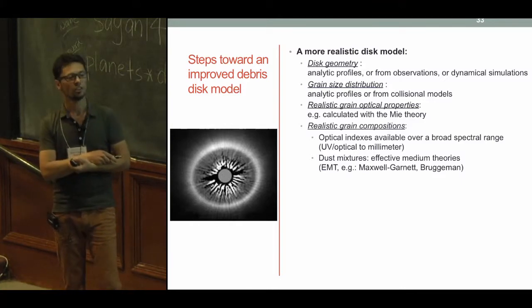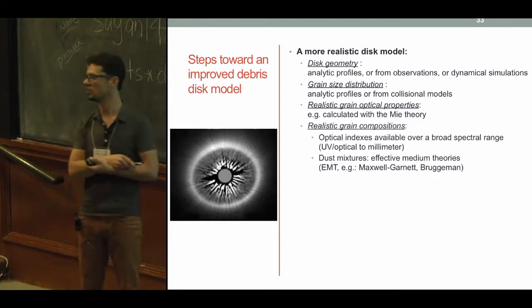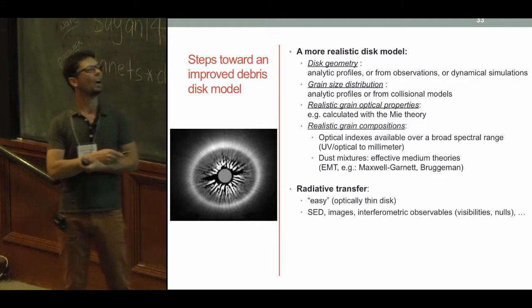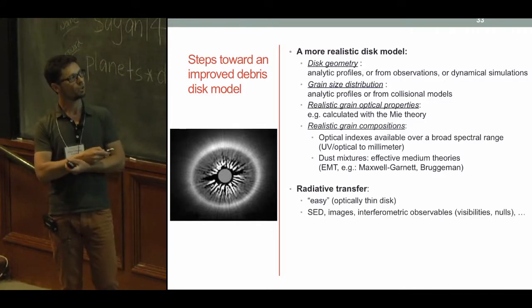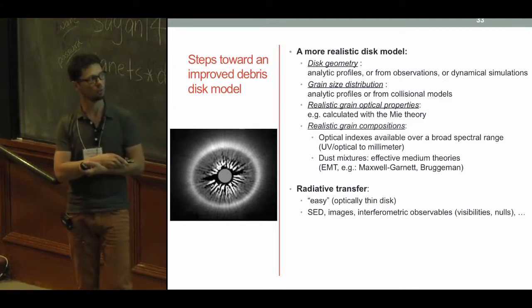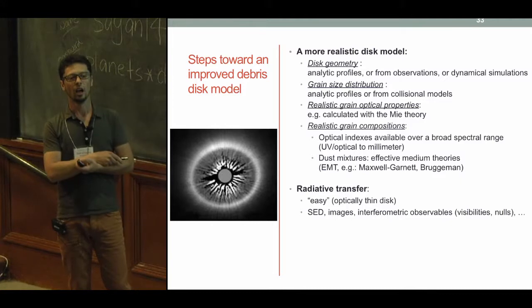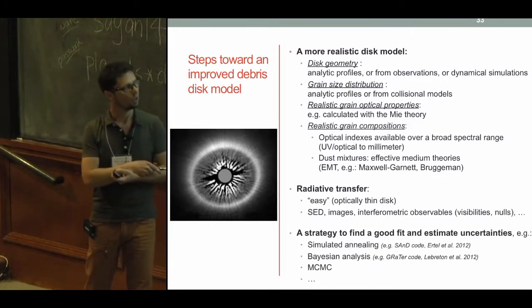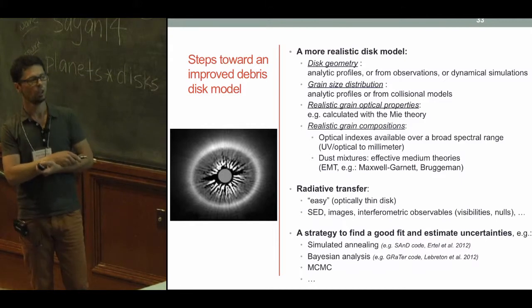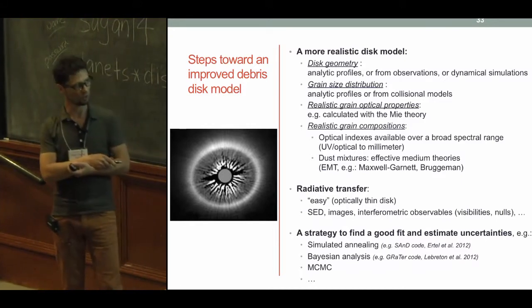All right, and then you need to do the radiative transfer itself. Fortunately, your disk is optically thin, so that's reasonably easy. And from that, you get images, SEDs, and interferometric observables like visibilities. And then, not the least point, you need a strategy to find a good fit and to estimate uncertainties.